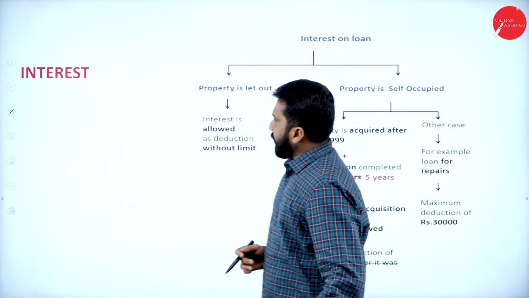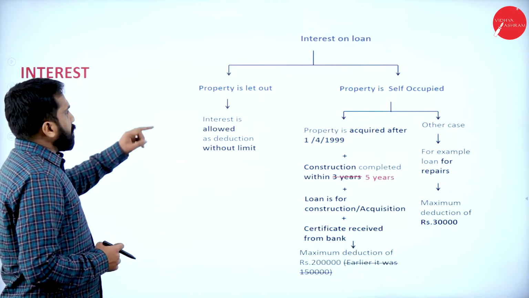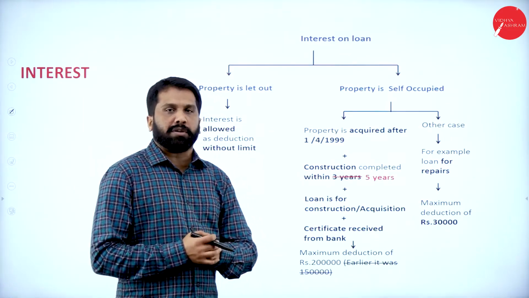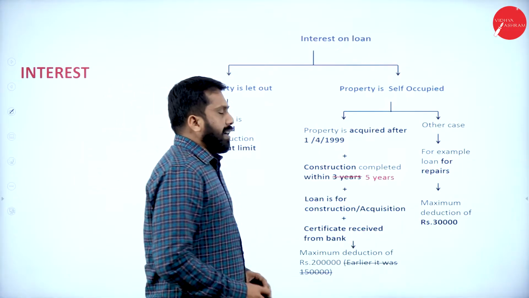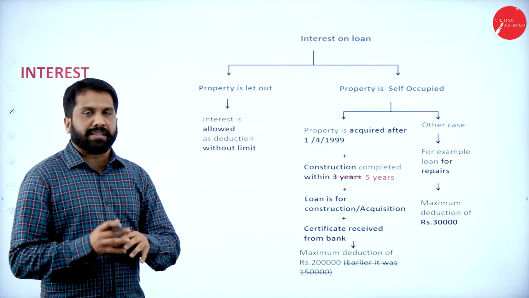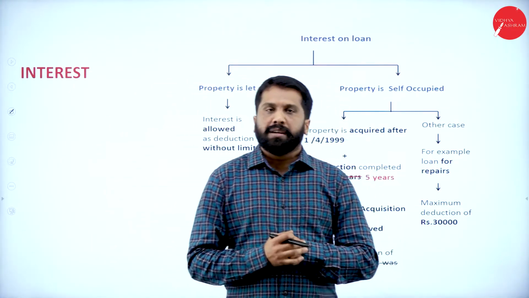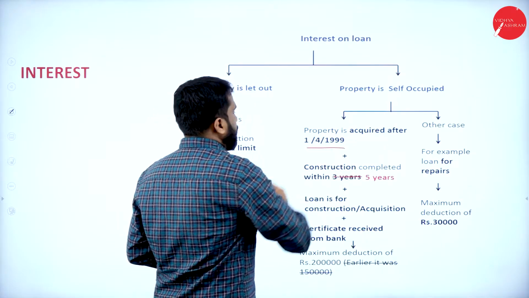Now I'll go for the next concept, the second concept in this. Property is let out and property is self-occupied. Self-occupied we have already learned actually. If the house is self-occupied, there is a rule. If you want to claim the 2 lakh, there is a rule. The house must be acquired after 99.